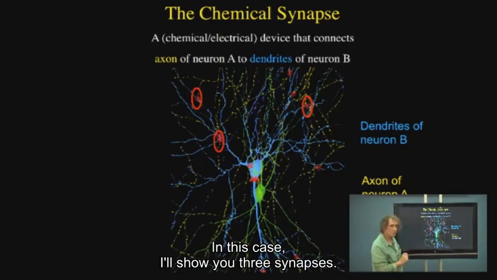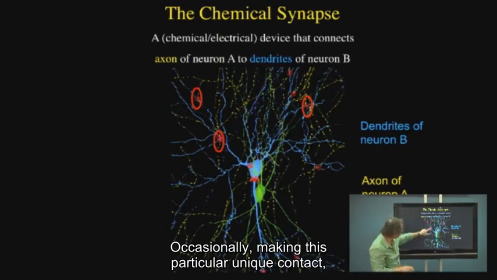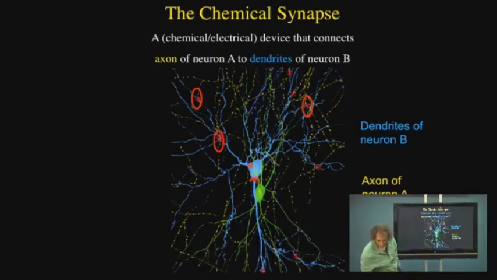In this case, I just show you three synapses. So you can think about the yellow axon going through the blue dendrites, occasionally making this particular unique contact, unique synapse between the yellow axon to the blue dendrites.